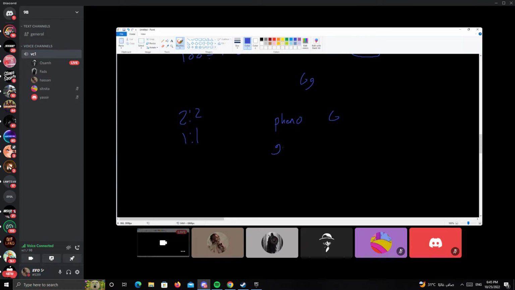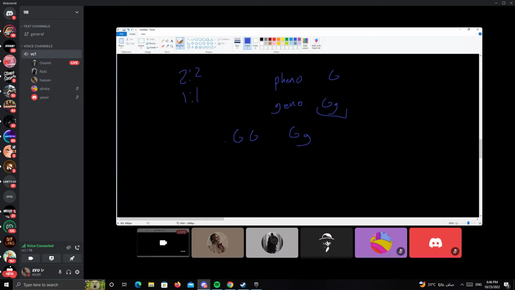And the genotype, the genetic makeup, is gonna be G and G. So like two different plants. One is both capital. One is one capital, one lowercase. Both of them are gonna have the same phenotype because they're both gonna be green, but they're gonna have different genotypes because this one is both capital and this one is one capital, one lowercase. Make sense?